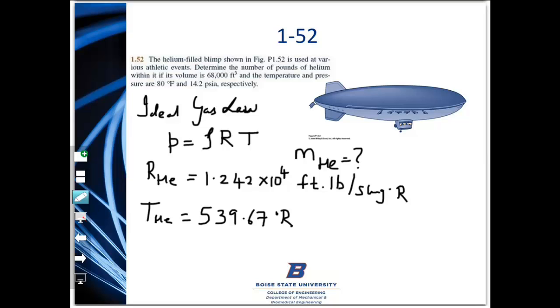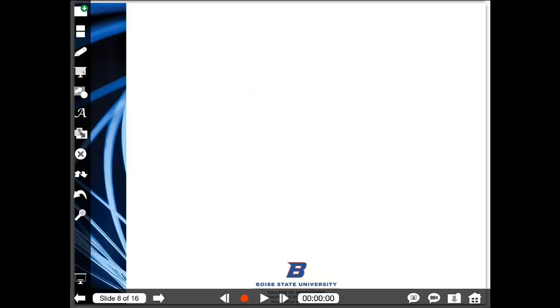So now we can write the density. The pressure will be equal to the density, which I'm going to write as mass of helium over volume of helium, times R and T, which we found in the previous slide.